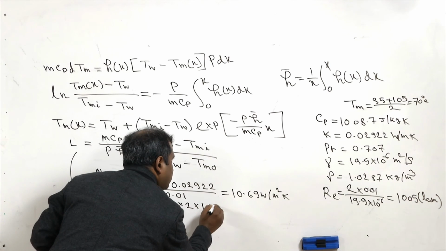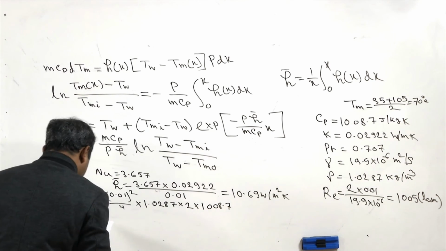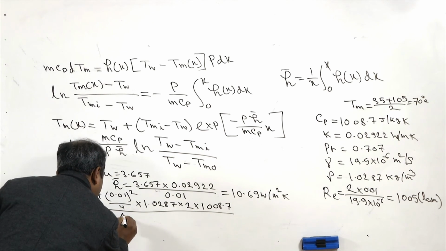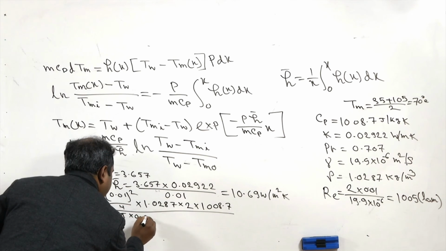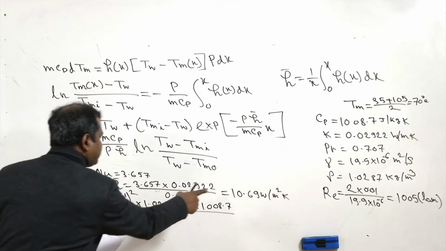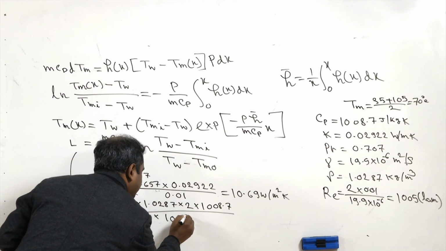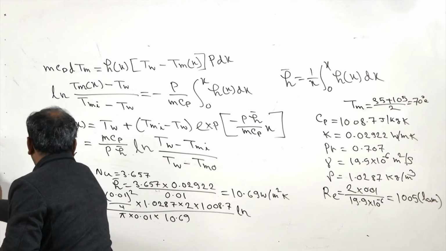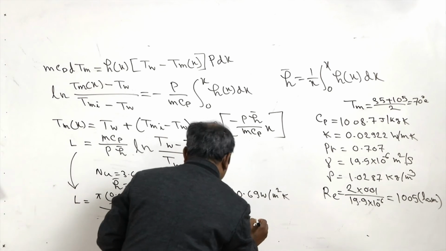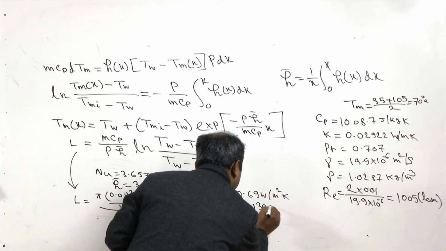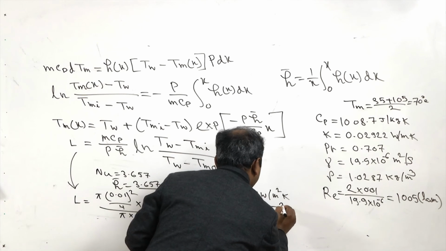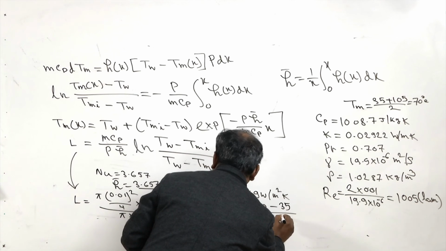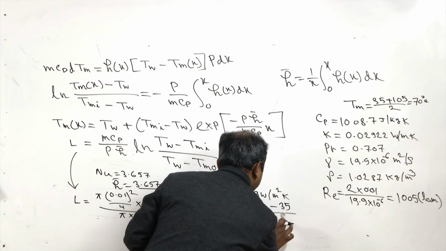Cp, just now we have found out for the mean temperature, is 1008.7, divided by, first the perimeter, which is pi into d, 0.01, into H bar. Just now we found H bar as 10.69, and then we have the logarithmic term over here: logarithmic of Tw, which is the 130 degree wall temperature, minus the inlet temperature 35 degree, divided by 130 degree minus 105 degree, the outlet temperature.